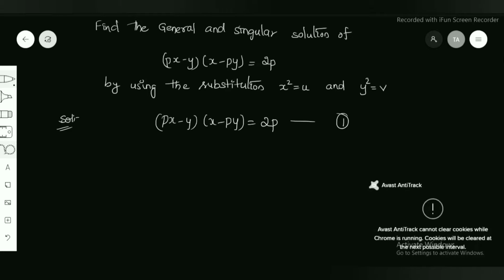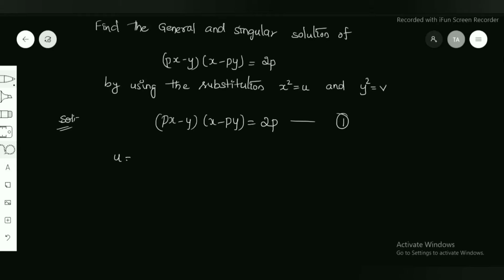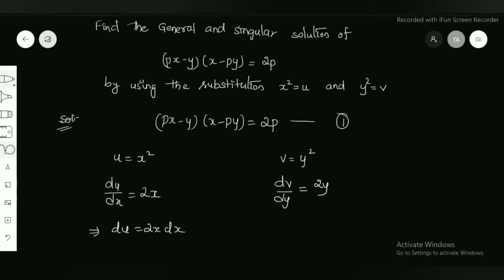Now write the given part. u = x², v = y². Differentiate with respect to x, we get du/dx = 2x. Differentiate this one with respect to y, we get dv/dy = 2y. From this we can get du = 2x dx, and dv = 2y dy.